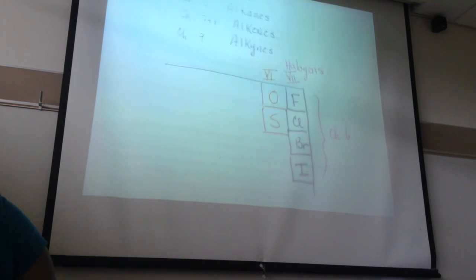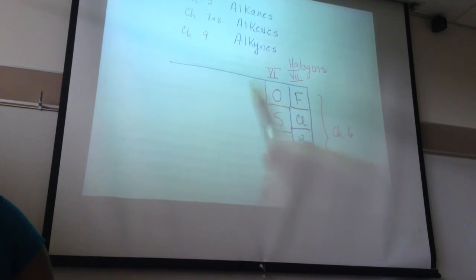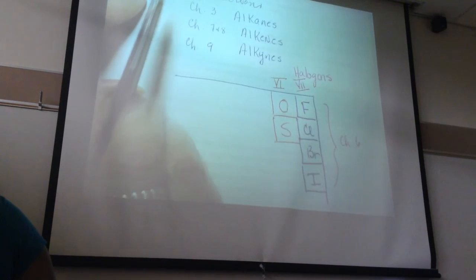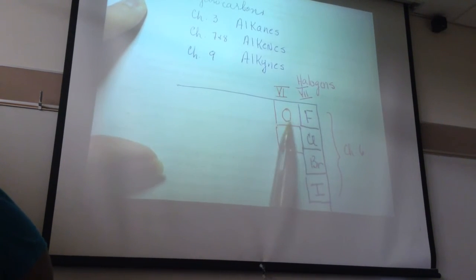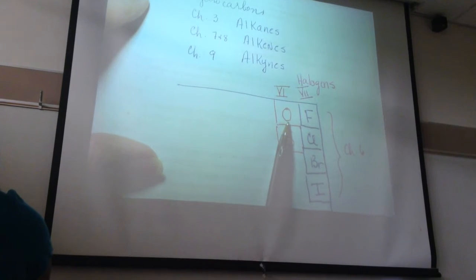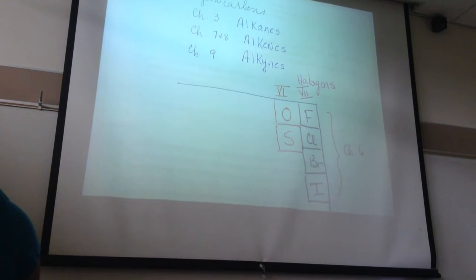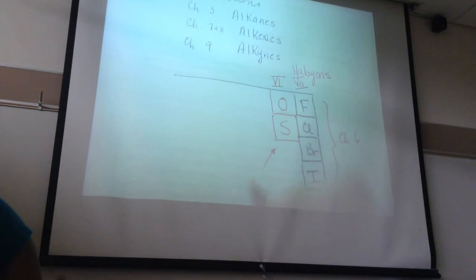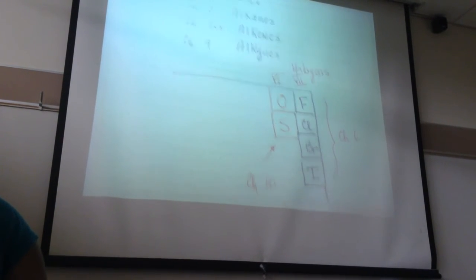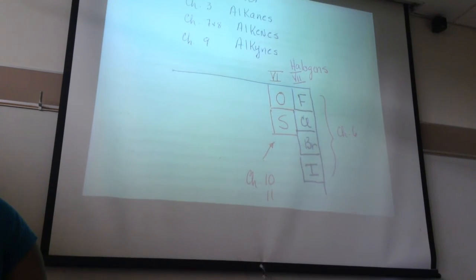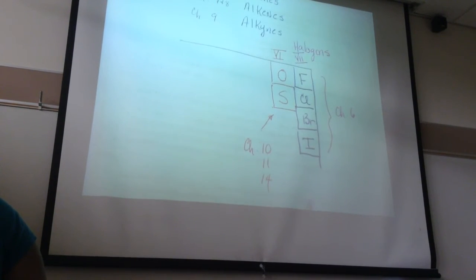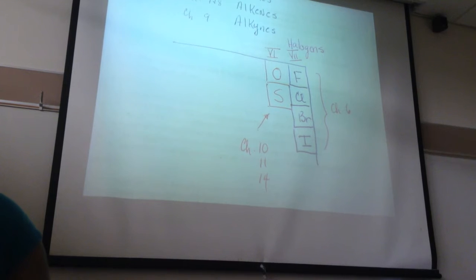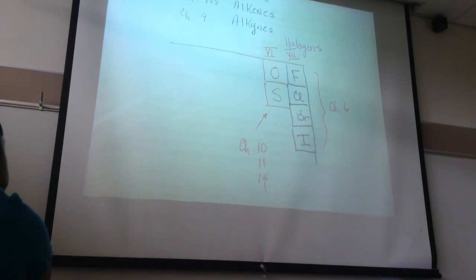But if I just concentrate on oxygen, and I have carbon with hydrogen, with oxygen, and they're all singly bonded, I have 3 chapters this semester. Over here, we have chapters 10, 11, and 14, when carbon combines with hydrogen and oxygen. This is it. So this is all for Chem 3.